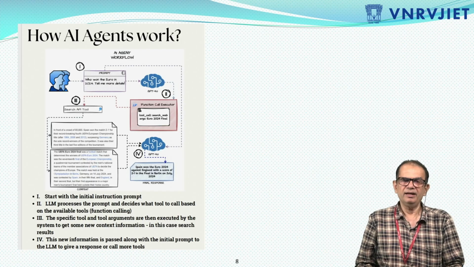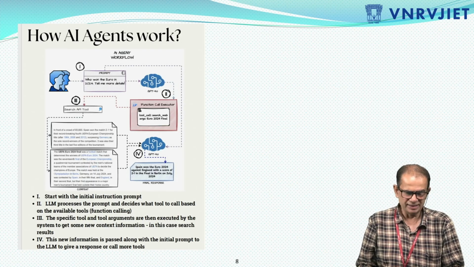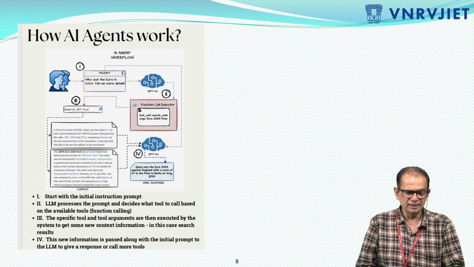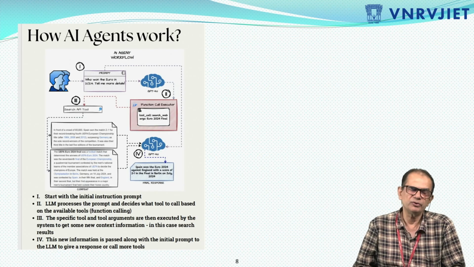Now, how do agents really work? We give an instruction to the machine as a first step in agentic AI. Subsequently, the LLM processes the prompt and decides what tool to call based on the available set of tools.